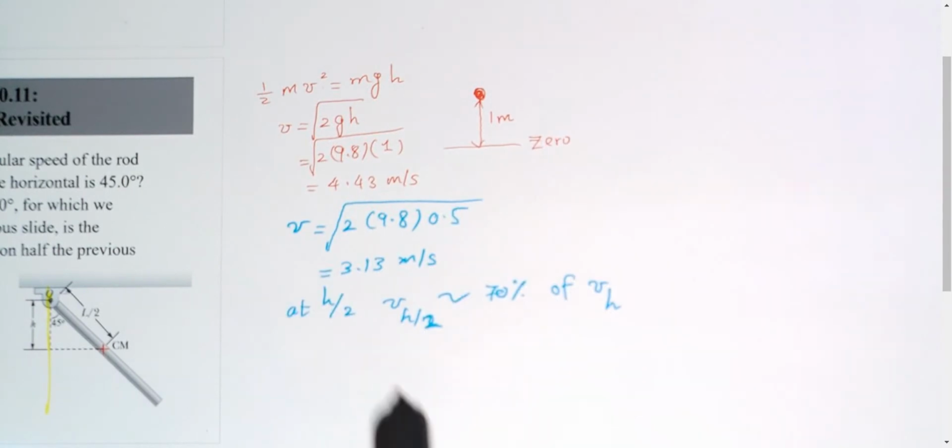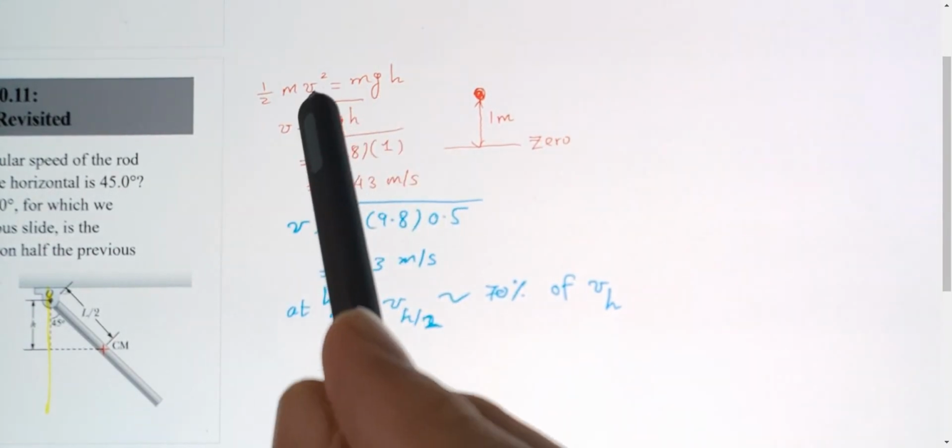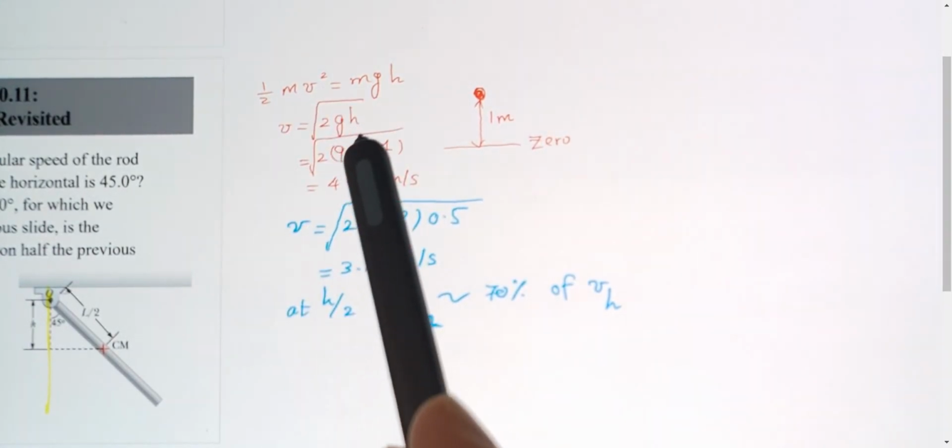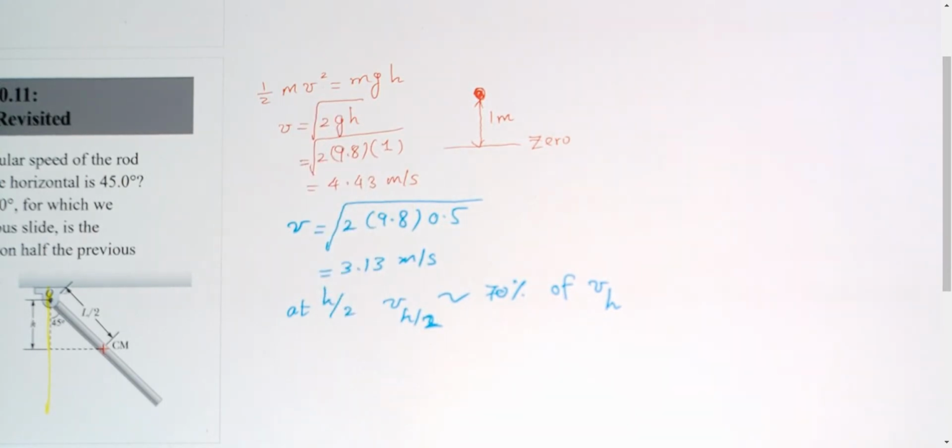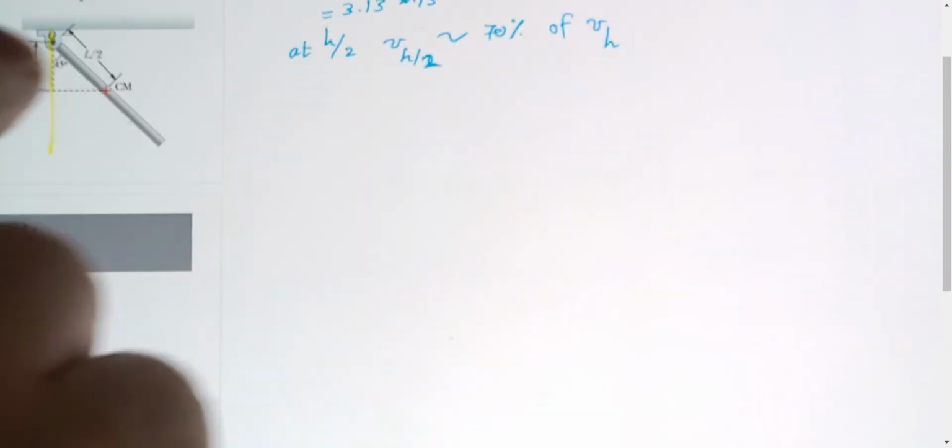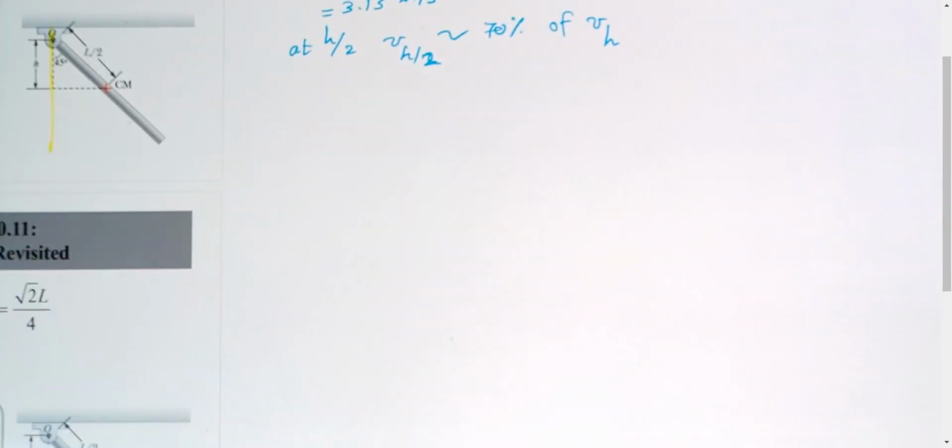So the concept of that, when we are at the middle angle, 45-degree angle, the angular speed is not half. It's like the linear speed. So let's do it for half the angle.